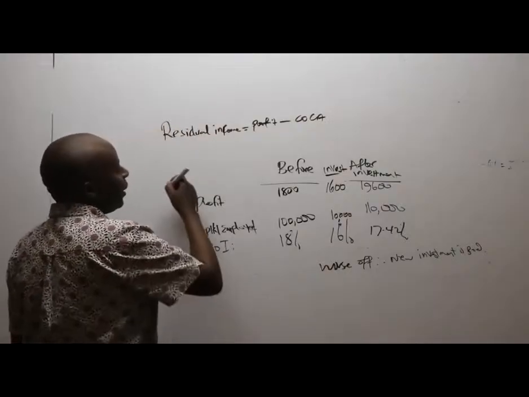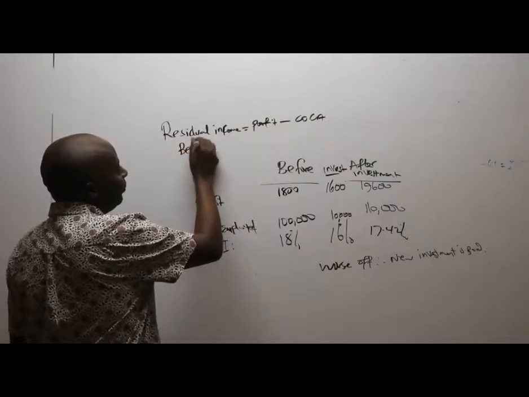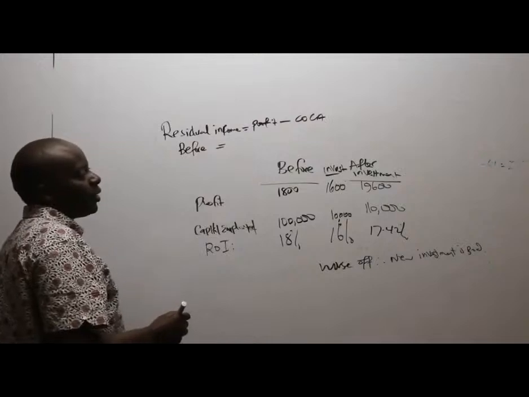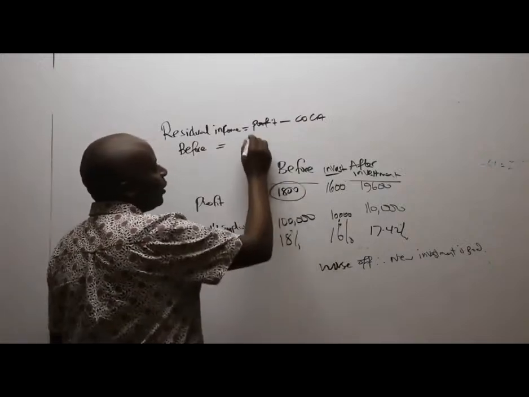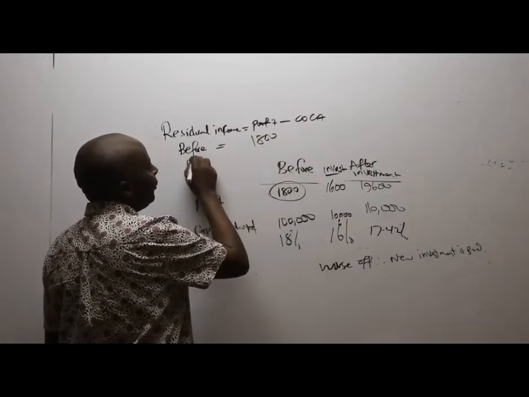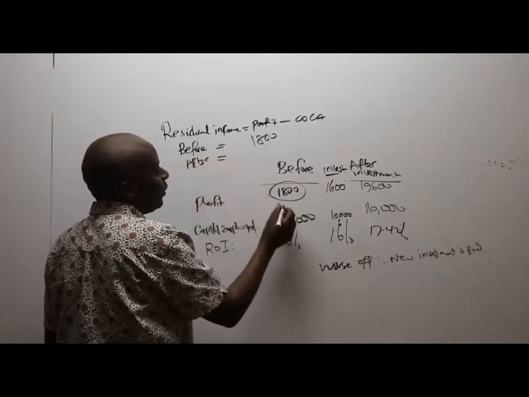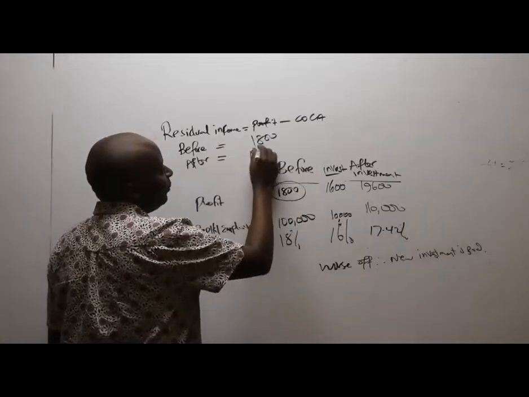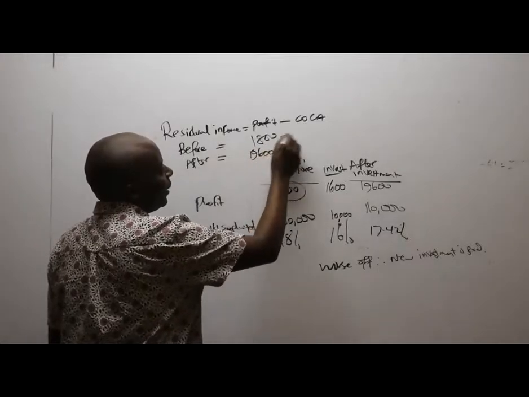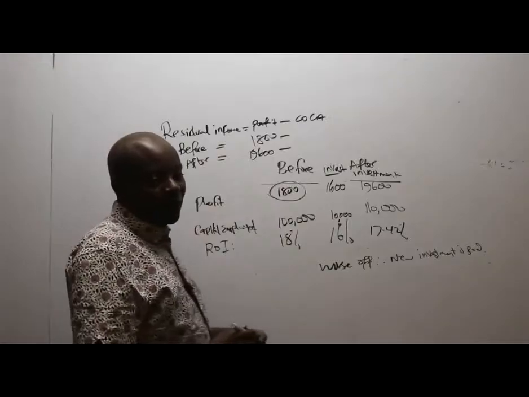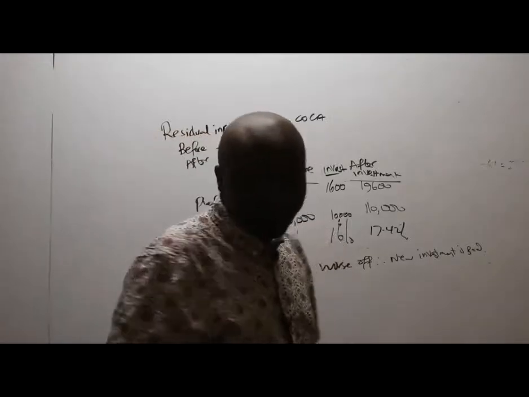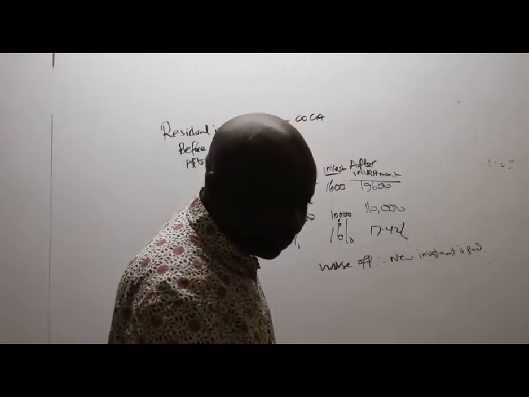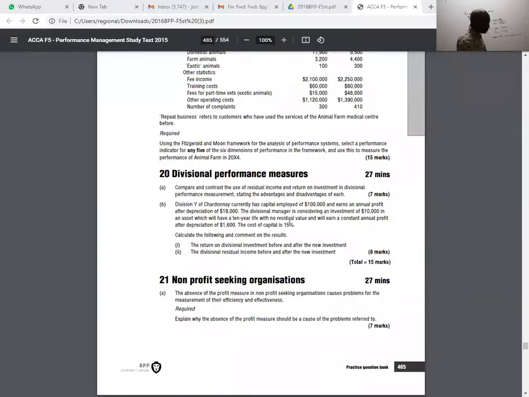So we have here before. Are you able to see the profit before? Before, of course, is 18,000. After, the profit is 19,600, minus the cost of capital. Have they given us the cost of capital? It's here, 15%.